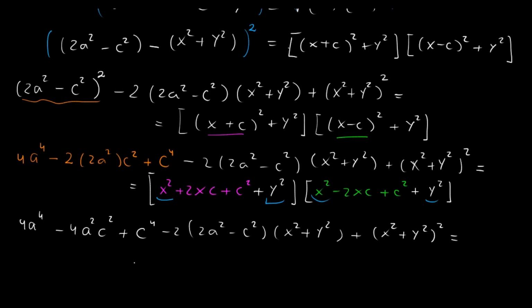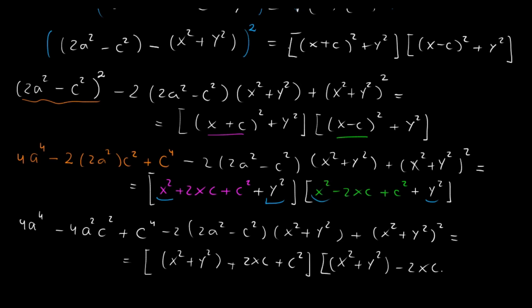And this will equal to x squared plus y squared plus 2xc plus c squared multiplied by x squared plus y squared minus 2xc plus c squared.